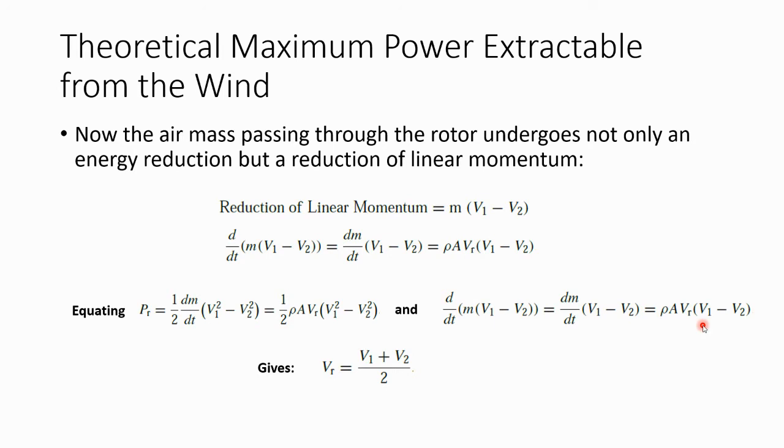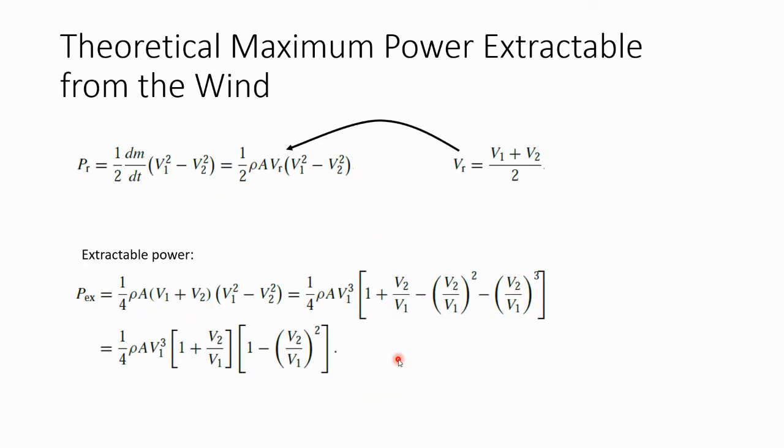So the only thing that we do not have is VR. By equating this to this, we are able to find the value of VR, which is given by V1 plus V2 over 2, a relationship that we can use to find the value of VR. This is a very powerful relationship, although it looks simple.